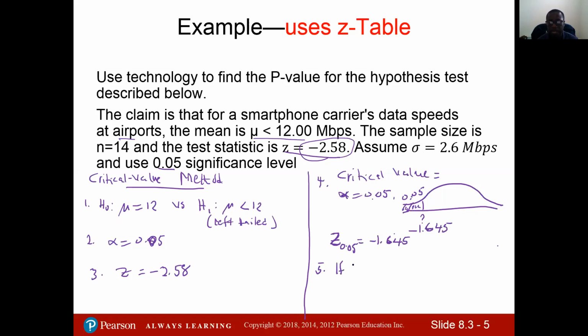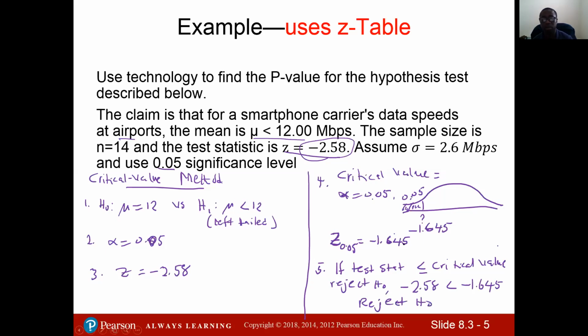If the test statistic is less than or equal to the critical value, because it's a left tail, then we reject H0. In this case, the test statistic was negative 2.58, and that is definitely less than negative 1.645. And so we reject H0, just like we did with the p-value approach.